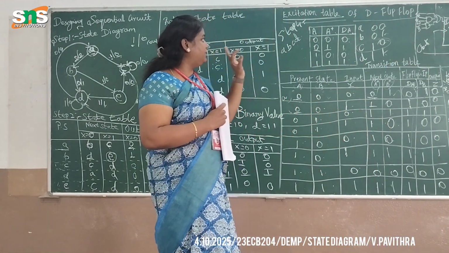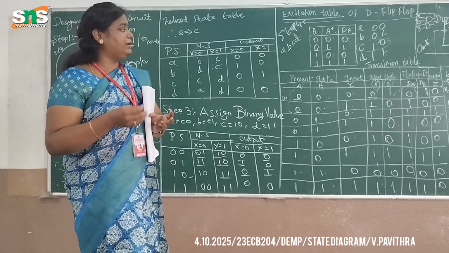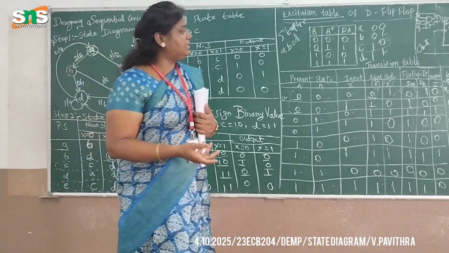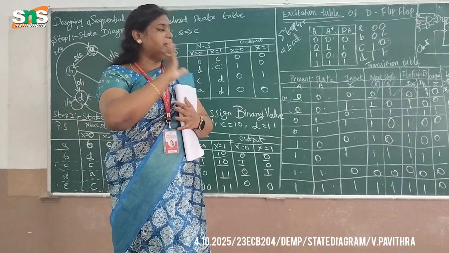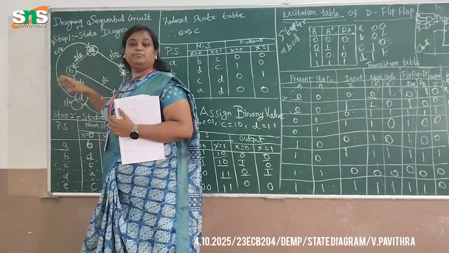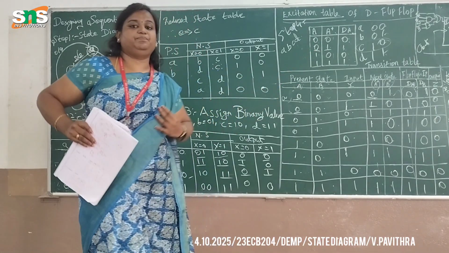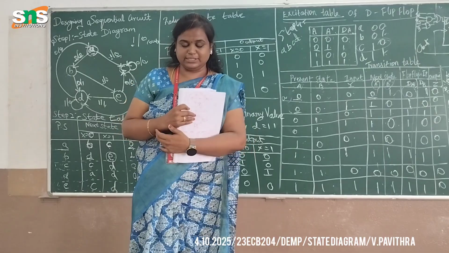The 5th step is the present state, the 6th is the K map, and the 7th is designing with the D flip flop, going from the state diagram to the end of the circuit diagram. This is what we are going to discuss today.